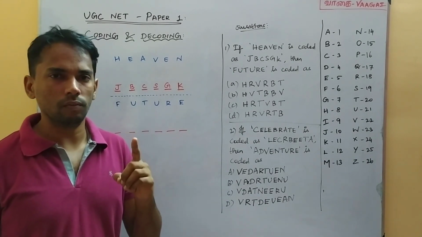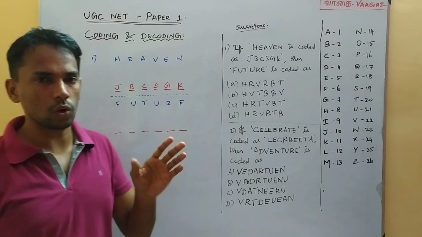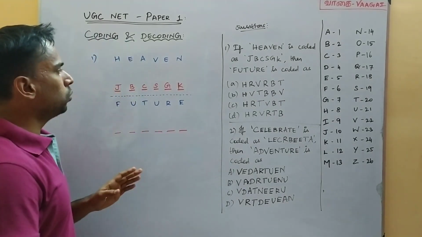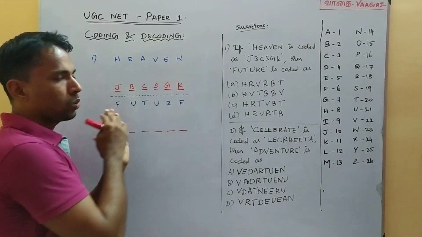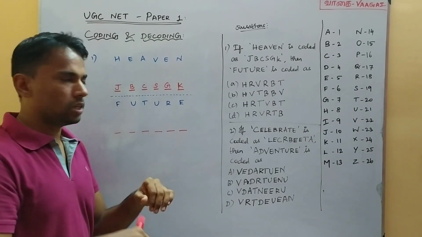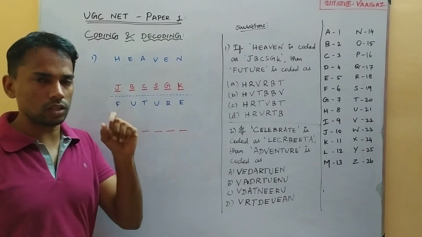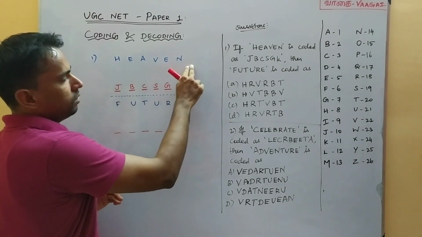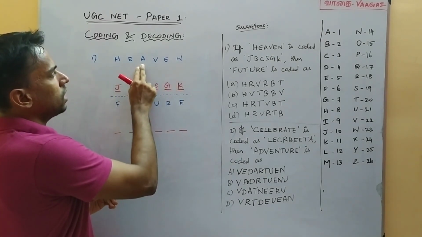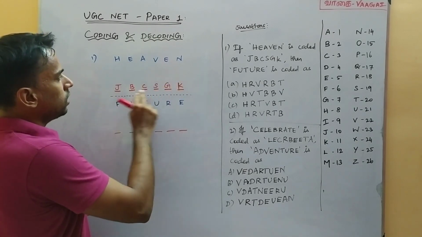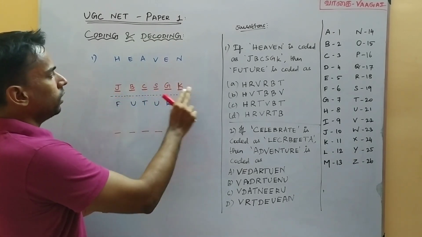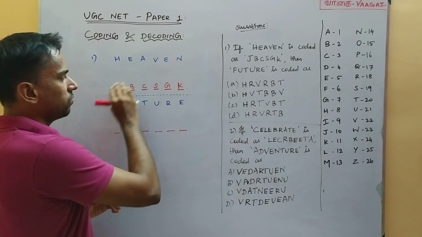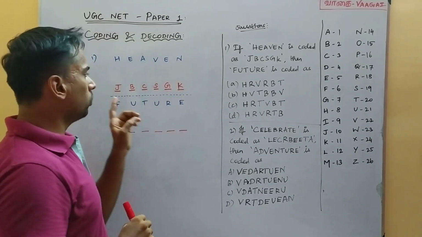Now we have already seen in our previous introduction session, the very first thing we need to observe whenever we are given a question from coding and decoding is the letters that we have in the codes, whether they have used the same letters or different letters. That's the first thing we need to test. For the word heaven we have the letters HEAVEN, and see here the coded answer.